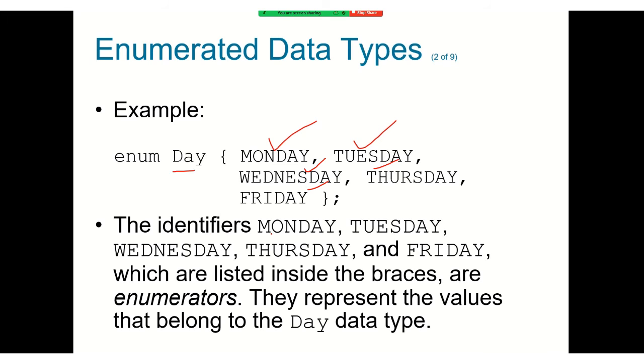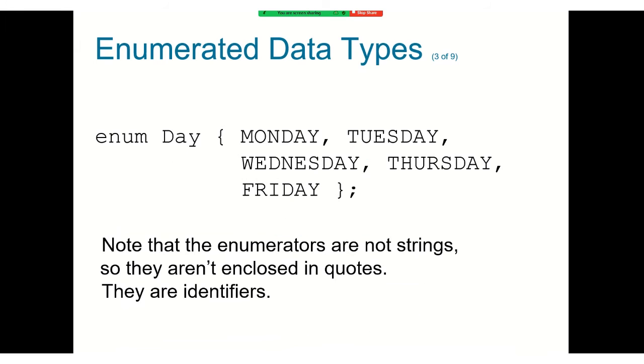The identifiers Monday through Friday, listed inside the braces, are enumerators. They represent the values that belong to the day data type. When you define an enumerator, you use the keyword enum. That's how you use it.